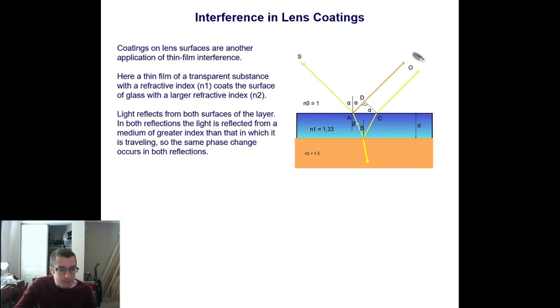But whenever we look at these indices of refraction, I can tell that N2 is a higher index of refraction than N1, so it's also going to invert whenever it reflects off of there as well. So just slightly different. Because now we have two reflections happening, since they both flipped the same amount, they should hopefully be completely in phase with one another.